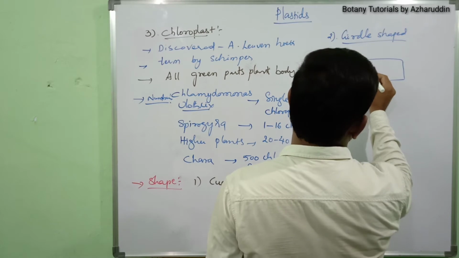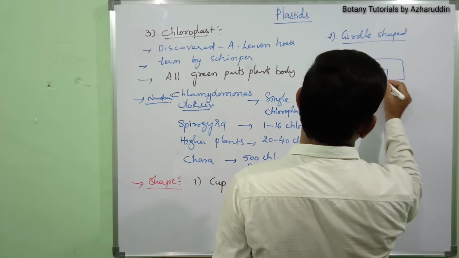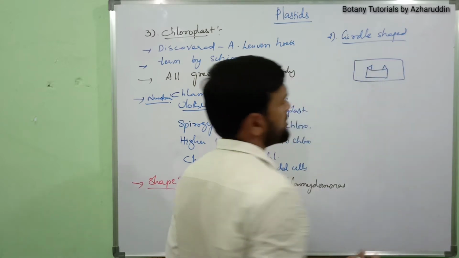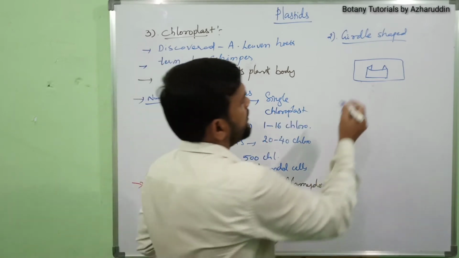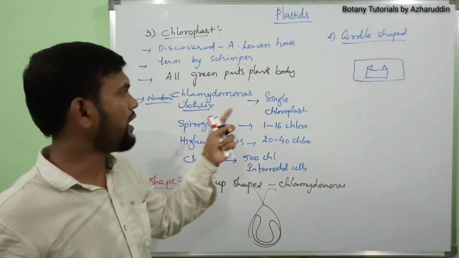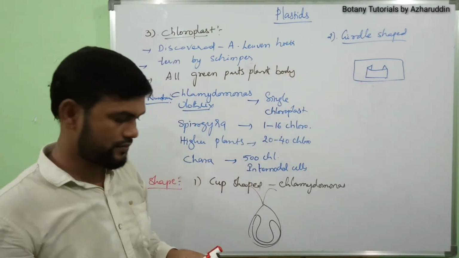In the cell, a girdle-shaped, that means C-shaped, chloroplast is present. This girdle appears like the alphabet C, which is found in Ulothrix, and each cell has a single girdle-shaped chloroplast.